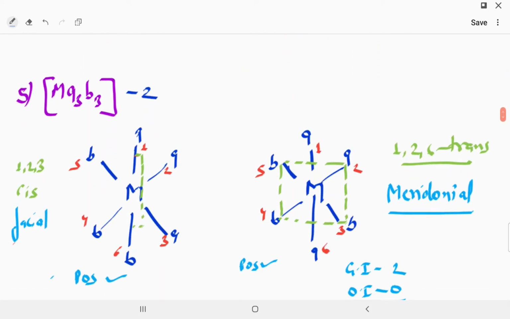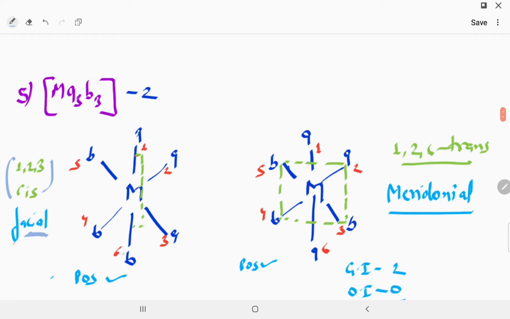Now the next case, MA3B3, means 3 are the same monodentate ligand and 3 are a different monodentate ligand. Now in this we go with the numbering 1 2 3 4 5 6. Okay, so you can visualize this 1 2 3. This is called facial.